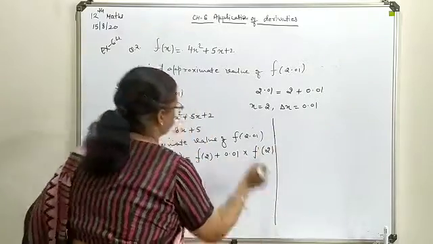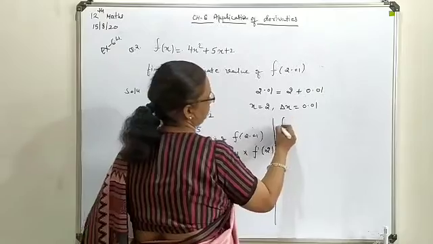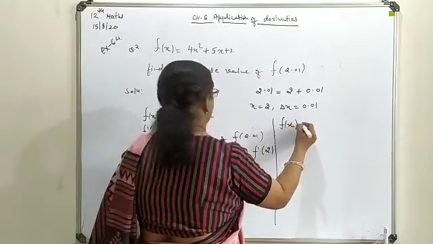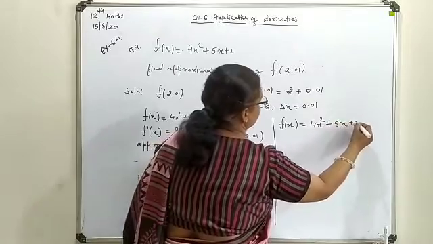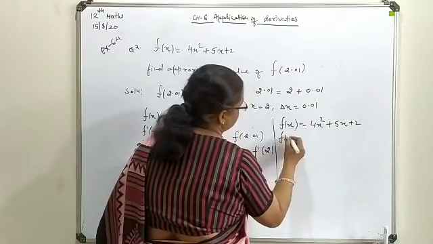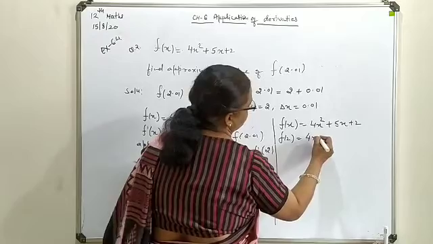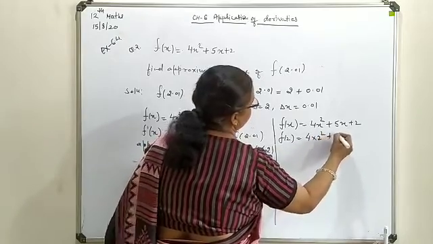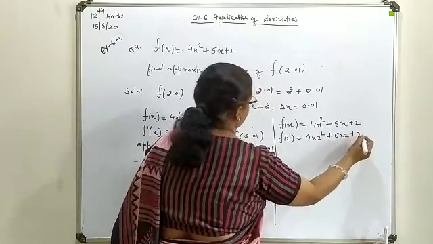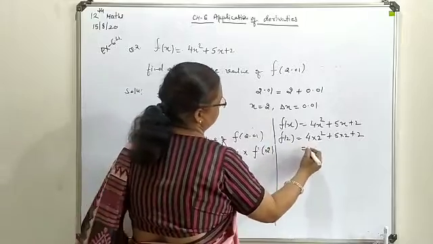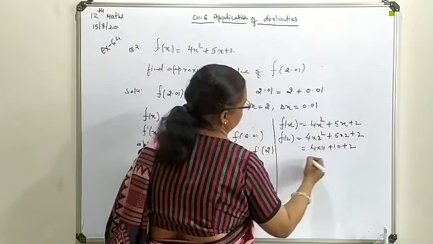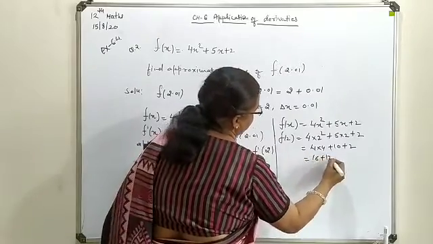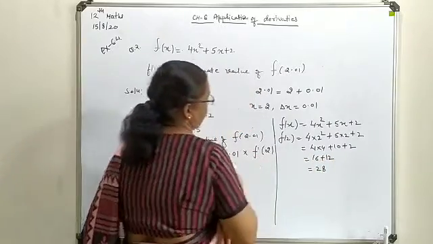Separately, we evaluate the value of f(2). f(2) means 4 into 2 square plus 5 into 2 plus 2. That gives 4 into 4 plus 10 plus 2, meaning 16 plus 12, which is 28.